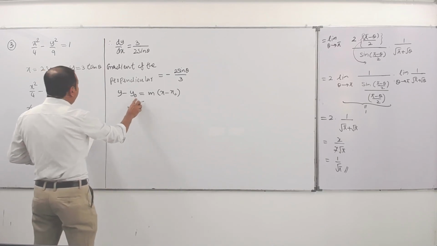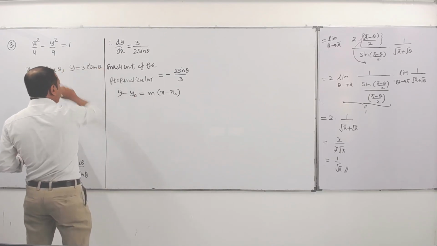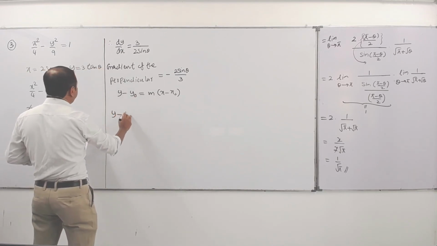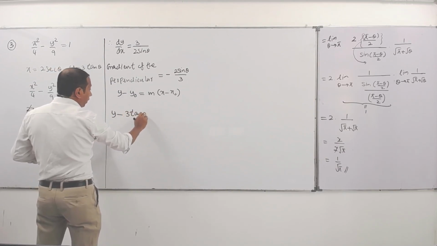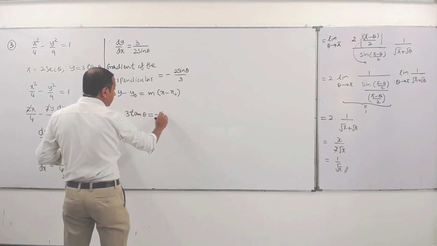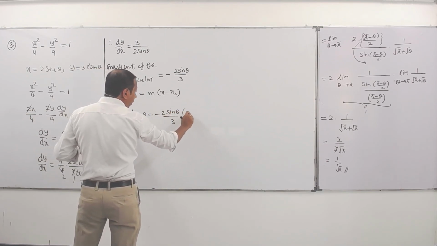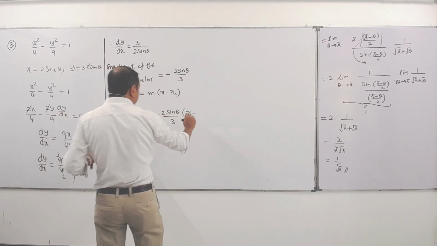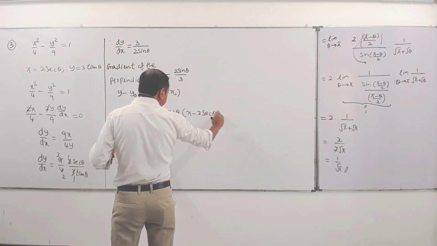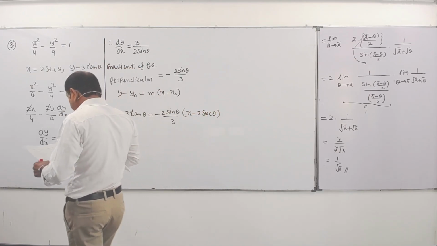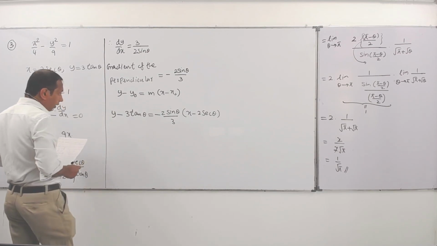So therefore y naught is 3 tan theta, x naught is 2 sec theta. Then we get y minus 3 tan theta, the gradient is minus 2 sin theta over 3, times x minus 2 sec theta. When you simplify this, we get this answer.